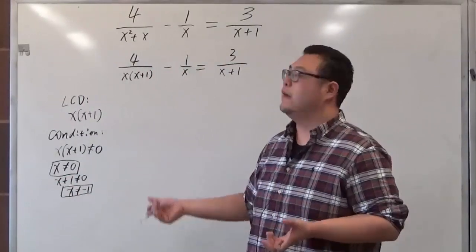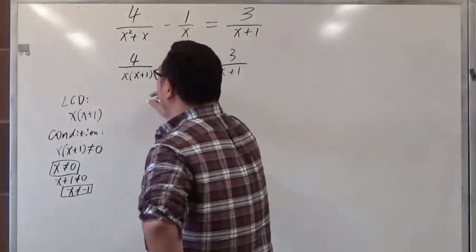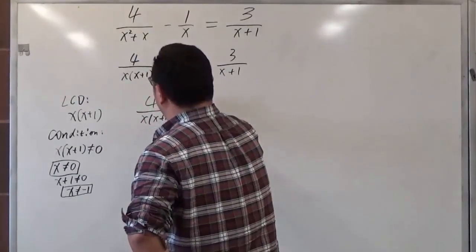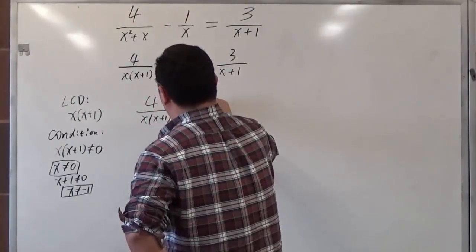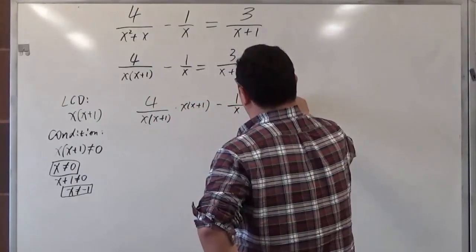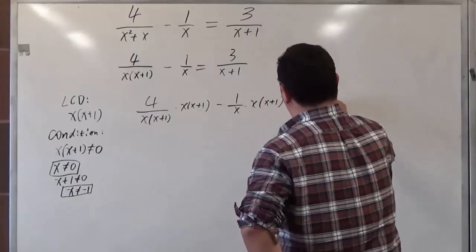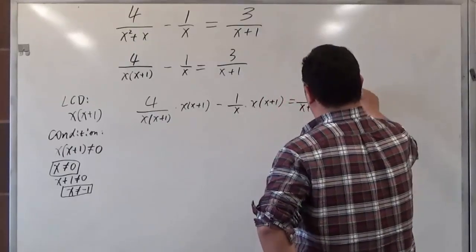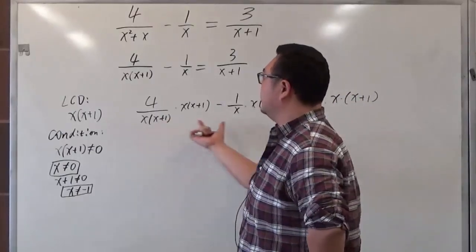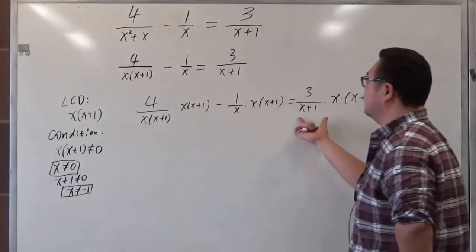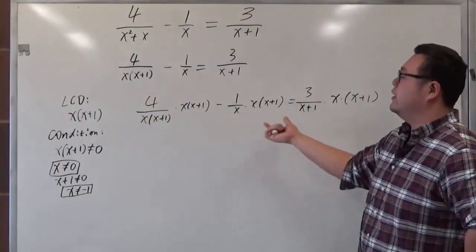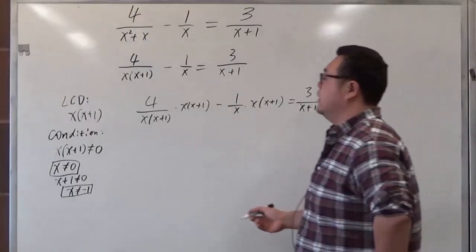Besides those values, we can multiply the whole equation by the LCD. We have the first term, the second term is 1 over x, and the third term is on the other side of the equal sign. We multiply these three by our LCD.